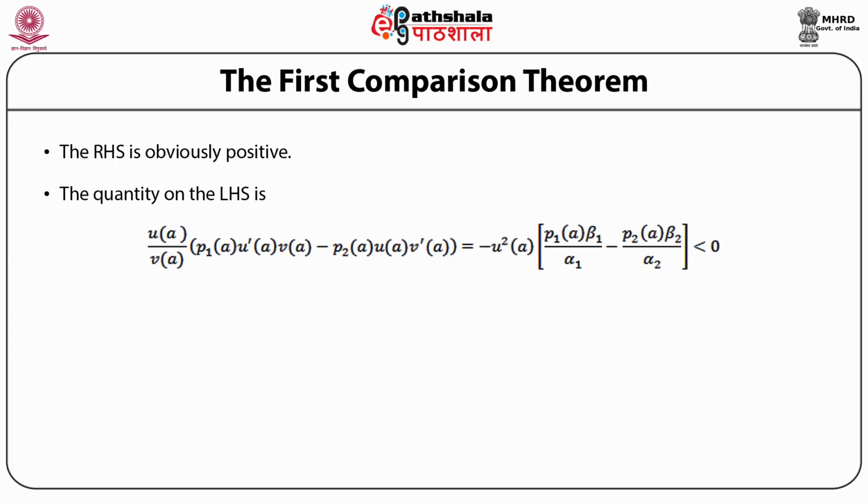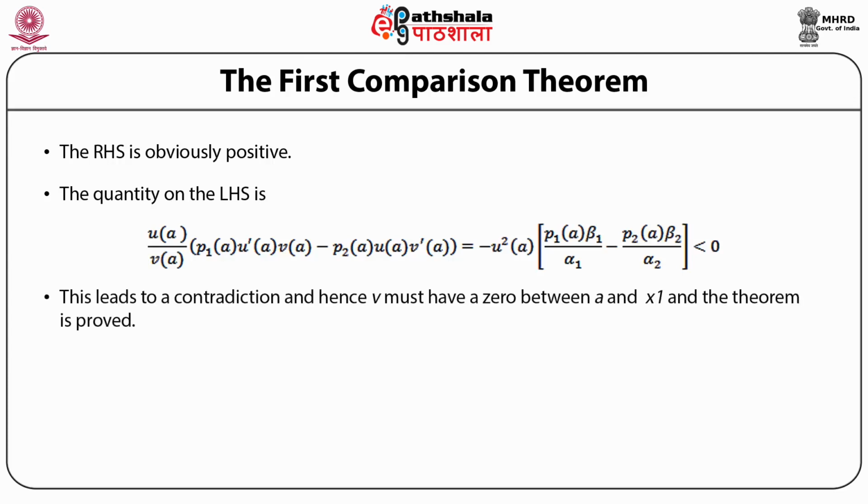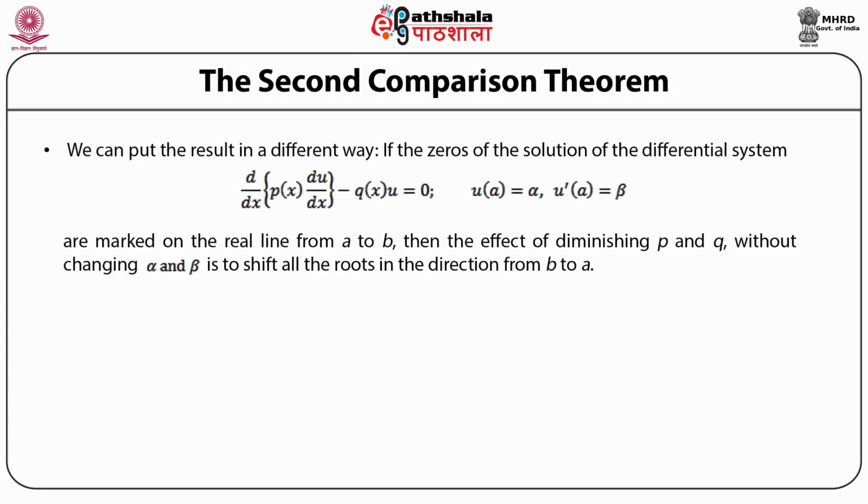By virtue of the assumptions, we have p1 beta 1 by alpha 1 is greater than or equal to p2 beta 2 by alpha 2. So that left hand side is negative, that is, it is less than 0. This leads to a contradiction, and hence u must have a zero between a and x1, and hence the theorem is proved. We can put the result in a different way as well.